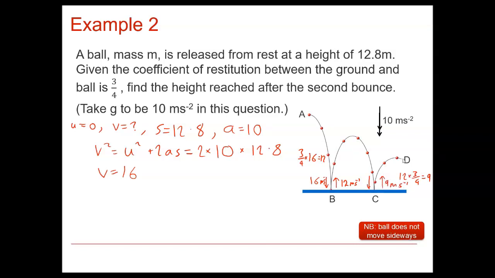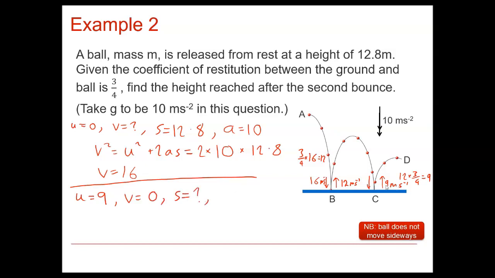So all we need to do for this final bit now is do another little SUVAT. This time we have u equals 9, v will equal 0. The s is the thing we want to find out. We want to know what this final height is.